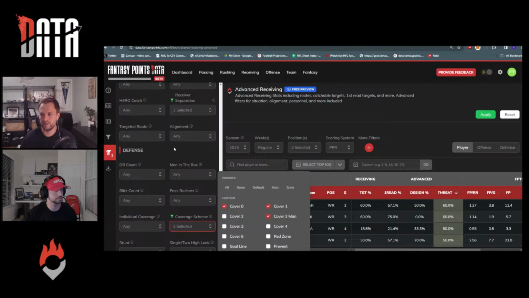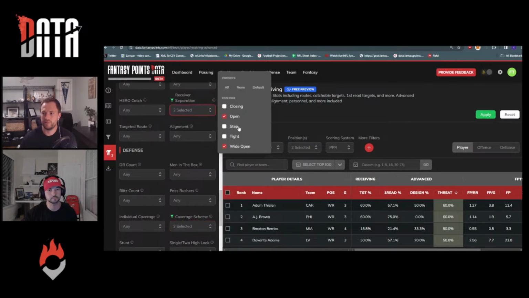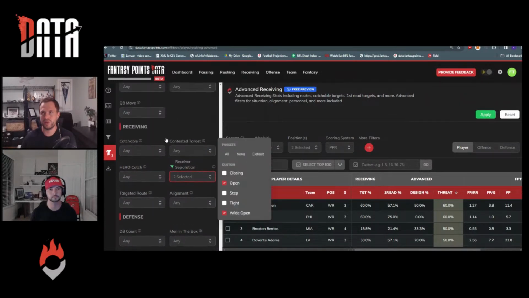There's also up here: step is when they have a step of separation, so there's a throwing window, but not necessarily open. Tight is tight coverage that can obviously still be a caught ball, but the defender is going to be all over him. And closing is probably most commonly used for zone defense.